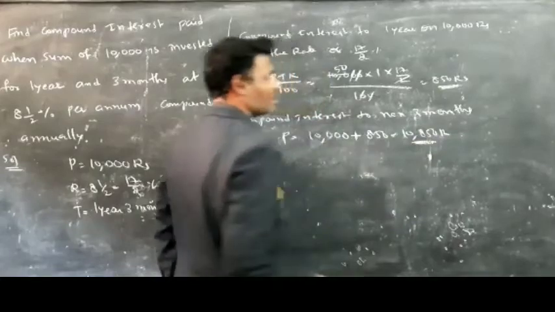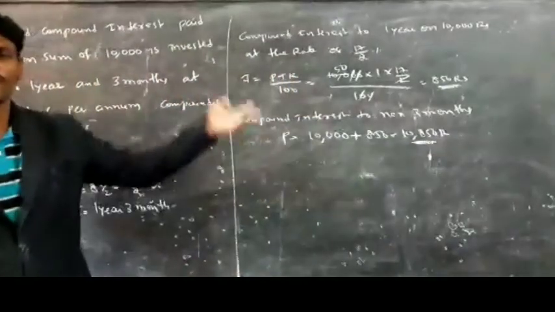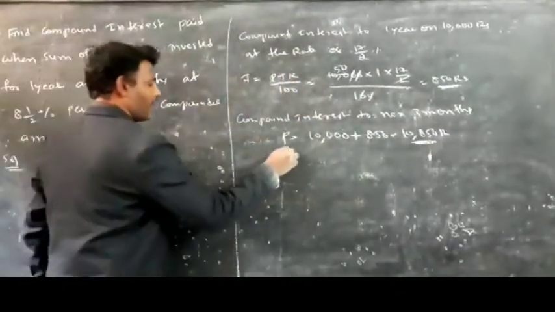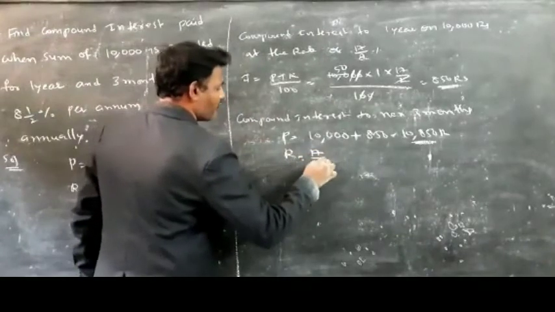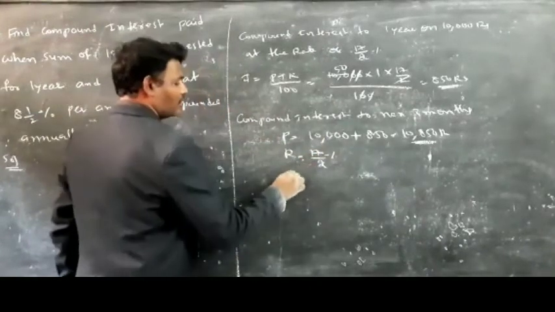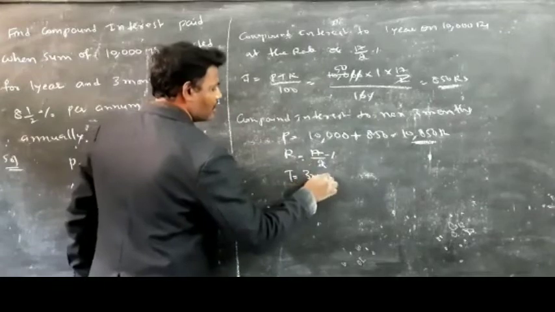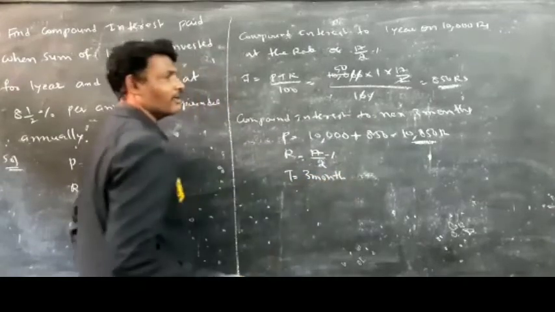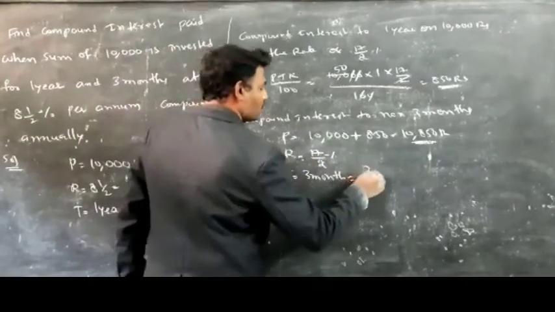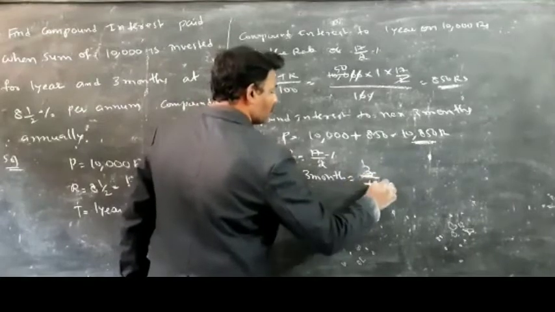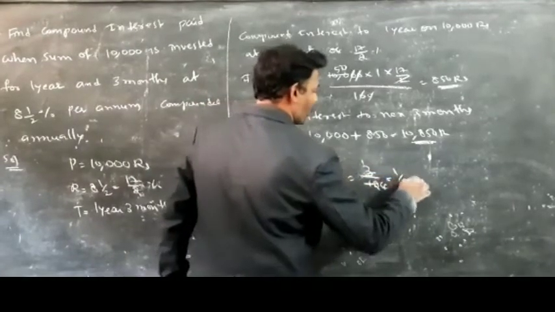So 10,850 rupees is the principal amount to next 3 months. And also rate of interest 17 by 2 percentage. Time duration 3 months. Here months I am going to convert into years, is nothing but 3 by 12. 3 ones are 3, 3 fours are 12. So 1 by 4 years.